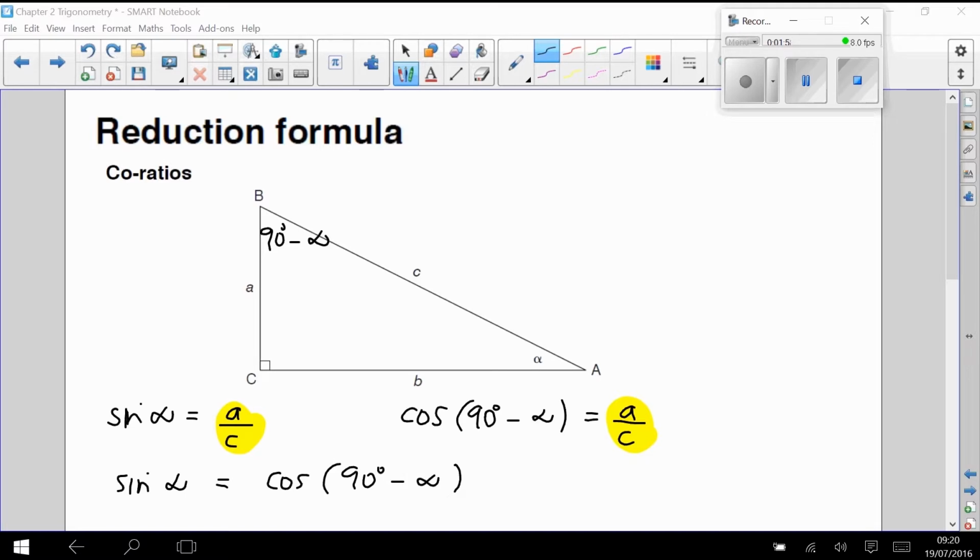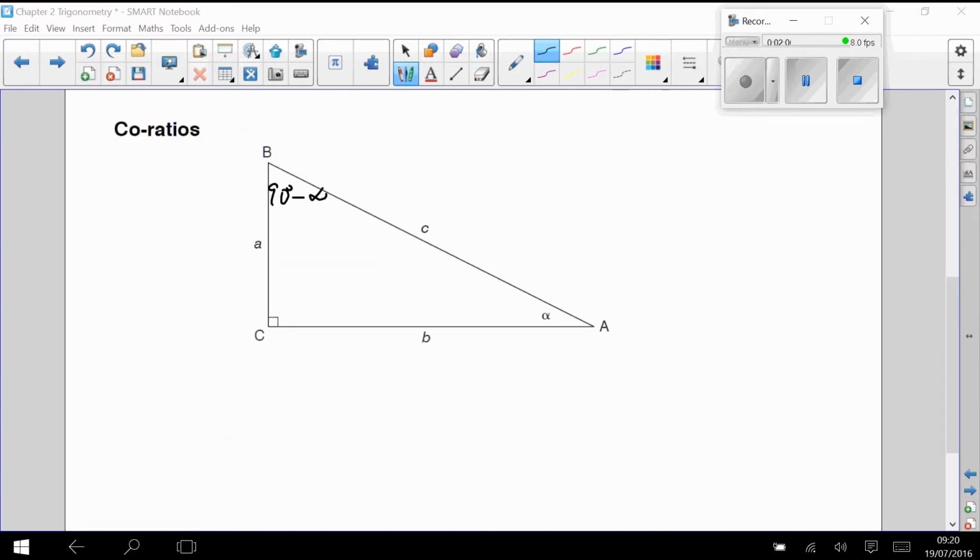Let's explore this with other ratios. In this example, I'm going to look first of all at tan of angle alpha. If I want to write this as a numerical ratio, that's going to use the opposite side, A, all over the adjacent side, B. Now let's take a look at what I would have got for my numerical ratio if I had had cotan, but from angle B, so that's 90 degrees minus alpha.